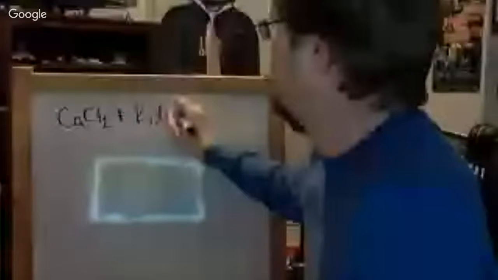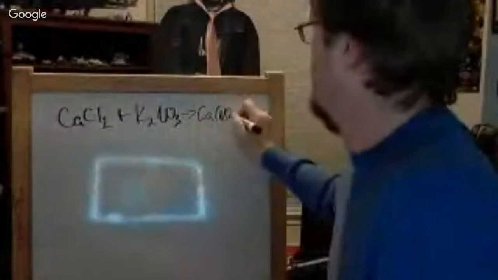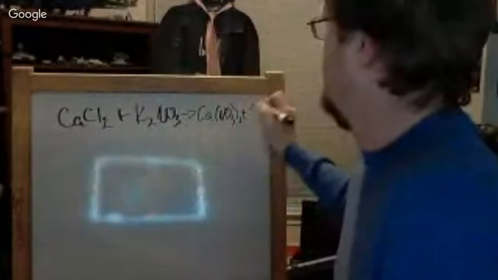Let's say we have CaCl2 plus K2 yields CaNO3 plus.